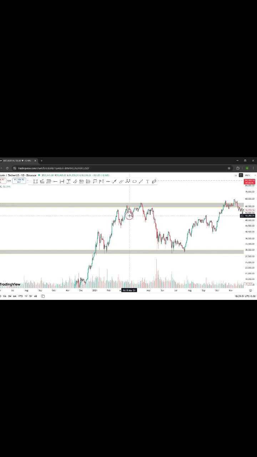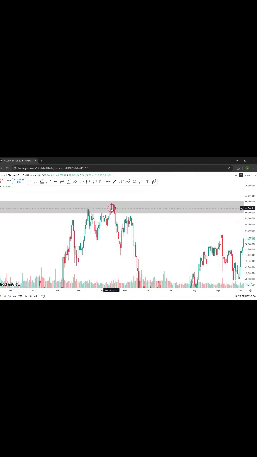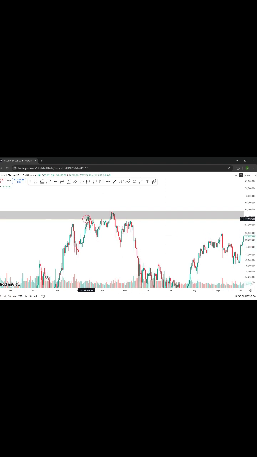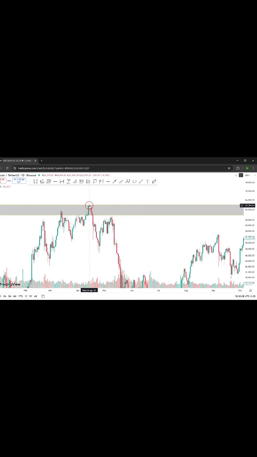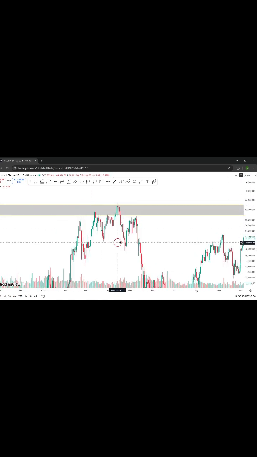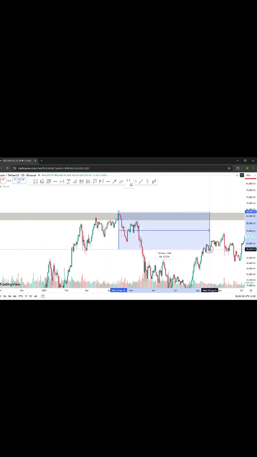This is the second time price is coming down. With this bullish candle, the green one, they think that this area is passed, but as you can see, the price cannot cross this area and comes down.